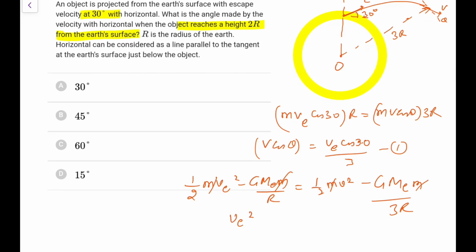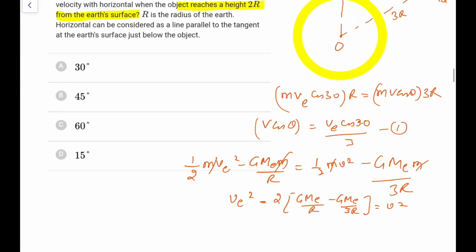So this is V escape square minus, if I do this, the 2 will cancel out, G M E by R minus G M E by 3R would be equal to V square. So this V square would be V escape square minus, if I do 1 minus 1 by 3, that is 2 by 3, so that is 4 G M E by 3R.